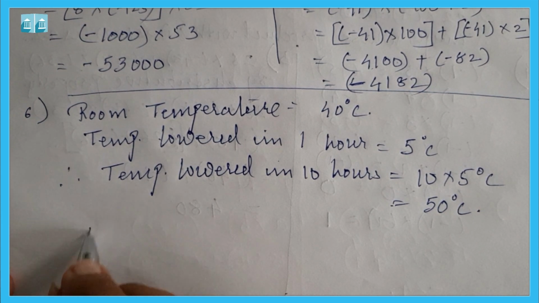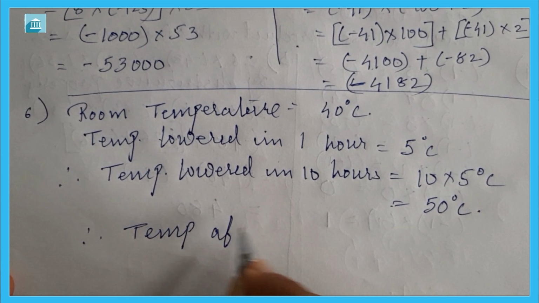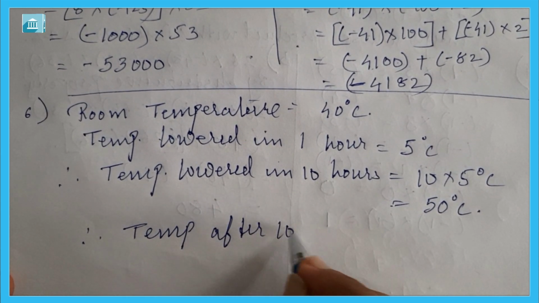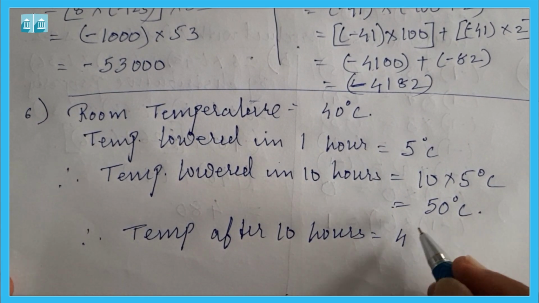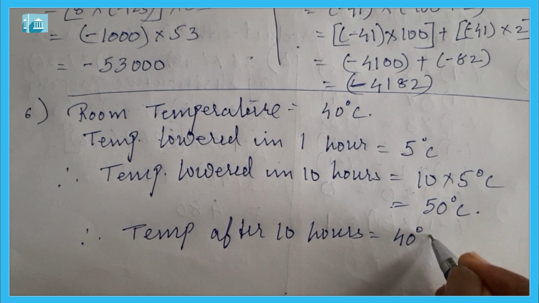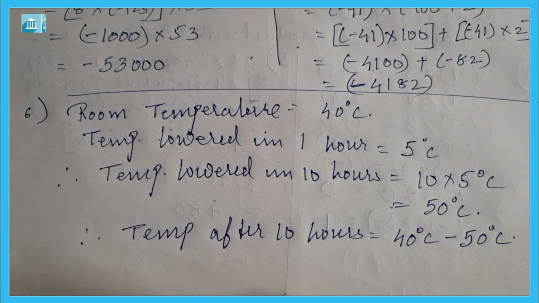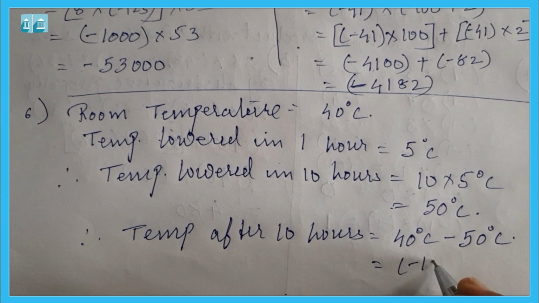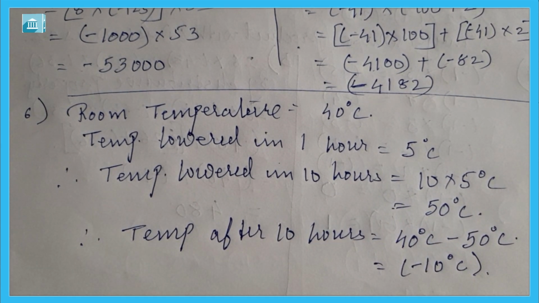So we can say that the temperature after 10 hours is equal to 40 degrees Celsius minus 50 degrees Celsius, so this will be minus 10 degrees Celsius. So the temperature after 10 hours will be minus 10 degrees Celsius.